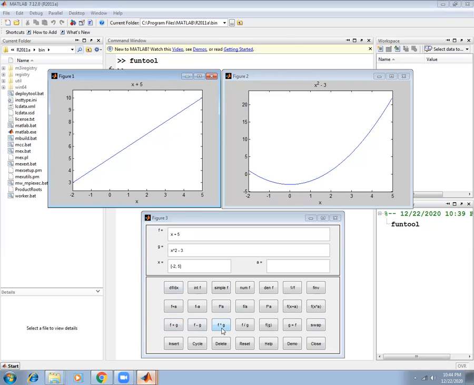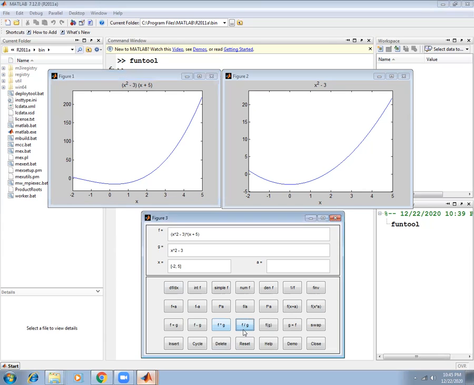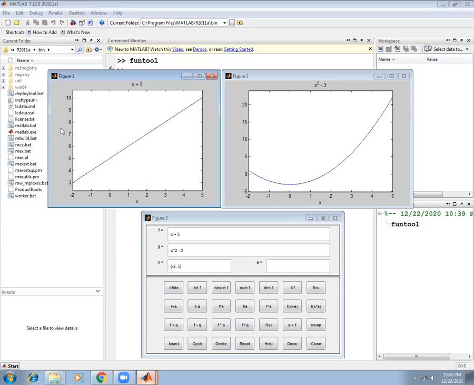Now f into g, the f area is replaced by a new function which is the product of x plus 5 into x square minus 3, and figure 1 is the graph of the function f of x for the domain minus 2 to 5. Again, the division operation is performed by the control button f by g, and f is replaced by x plus 5, and figure 1 is now displaying the curve of x plus 5.